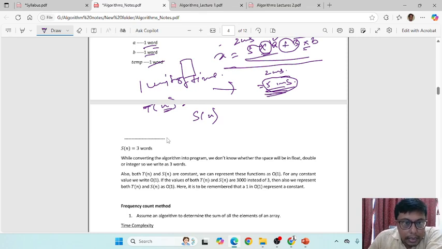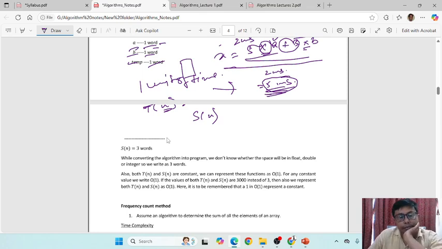Since these 3 variables, we do not know in the algorithmic steps how they will be represented. Will these variables be represented in terms of integer, or float, or double? We do not know the data types by which they will be represented. That is why we write this as one word each.